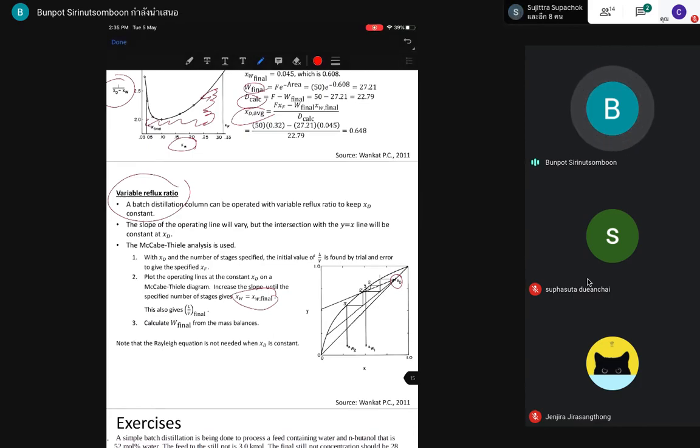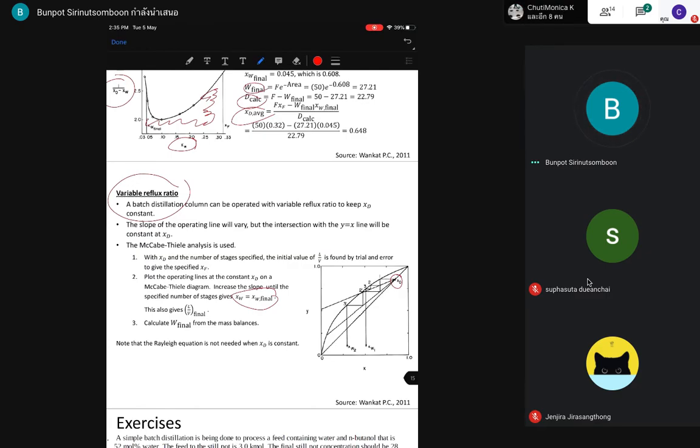This one is opposite to the previous case. You fix xd, but you change the slope instead by moving the operating line until you get xw to be equal to xw final. The slope that gives you this xw final is the final L over V.